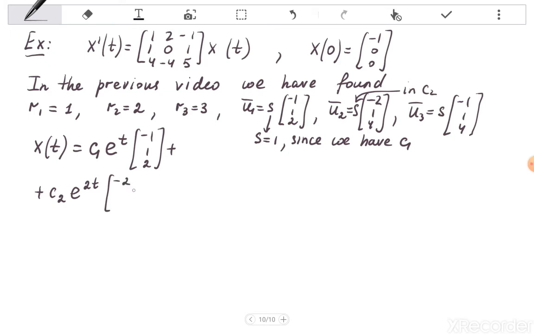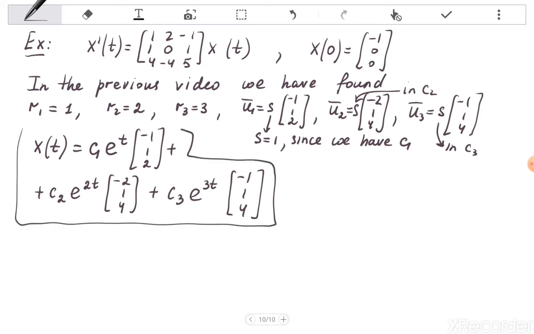So minus 2, 1, 4, plus C3 e to the third eigenvalue, 3t, times the third eigenvector. Again, we ignore this s and just write the vector, so this s will be in C3. So this is the general solution of this homogeneous system.